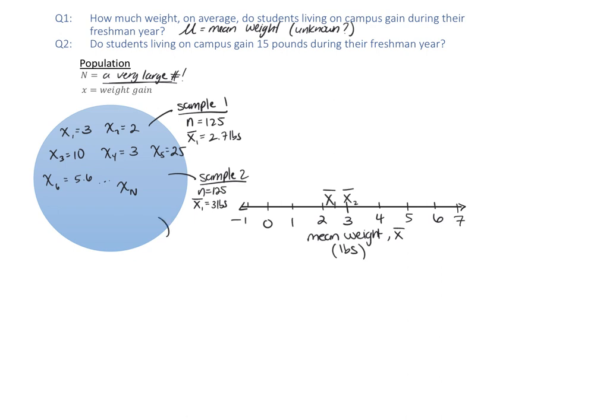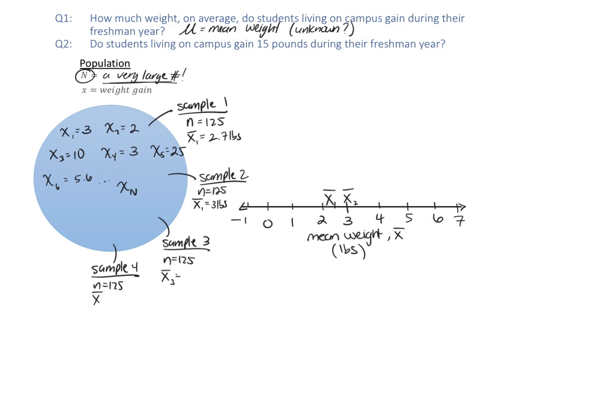And the idea of a sampling distribution is that we keep repeating this process. I take as many samples of the same size from the population and I figure out what the mean value is. I wouldn't say I can do this an infinite number of times, but if N was a finite value, there is a finite number of samples that I can take of size 125.